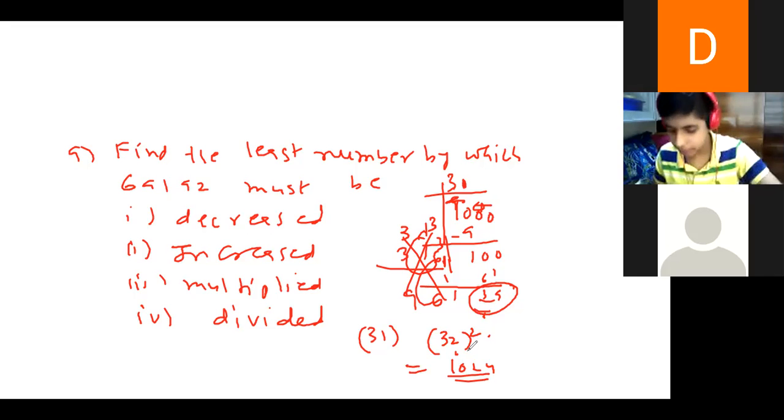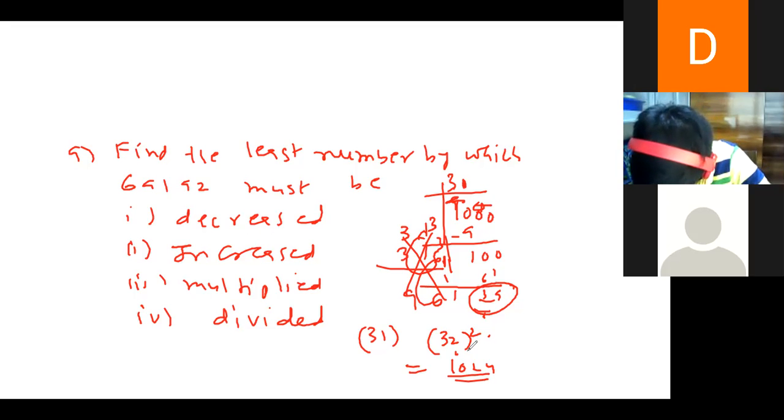Before you start this ninth one, we'll correct it first. So 31 we got with 1000. So the nearest is not 1039, but the nearest is 1024, because the next one after 31, its square is our least value.